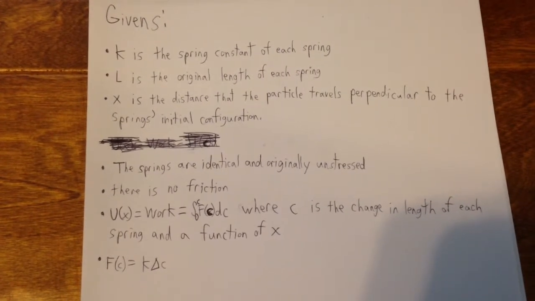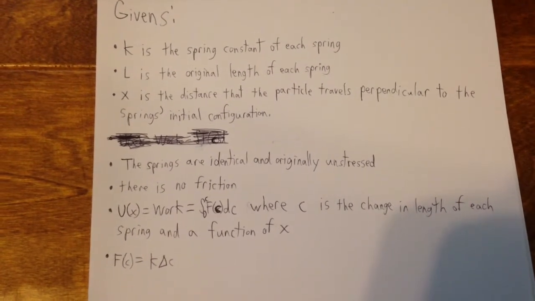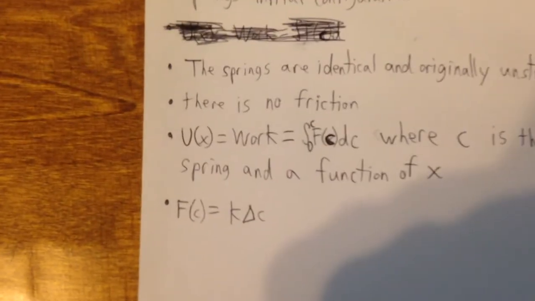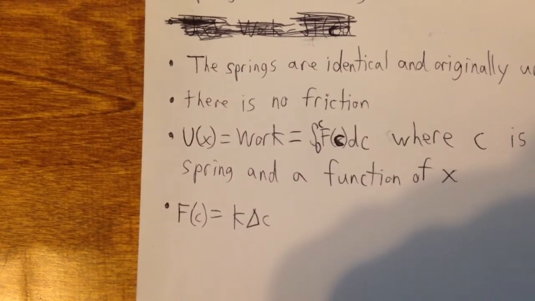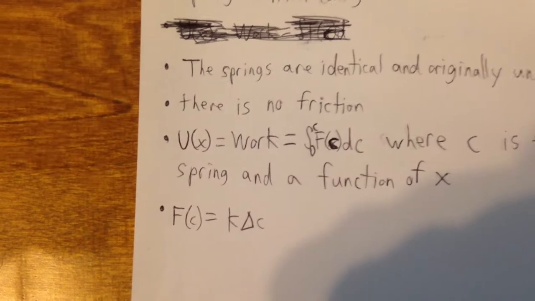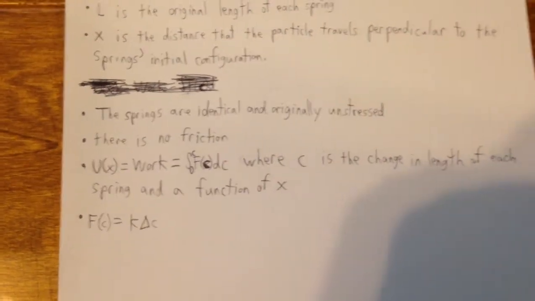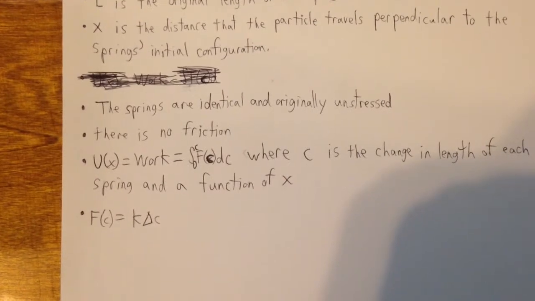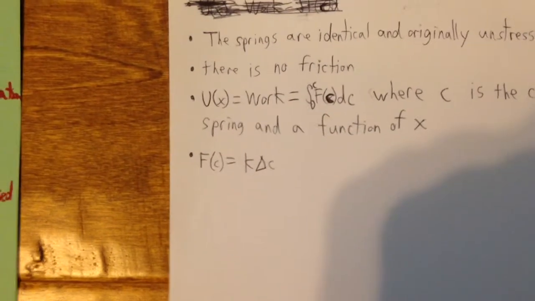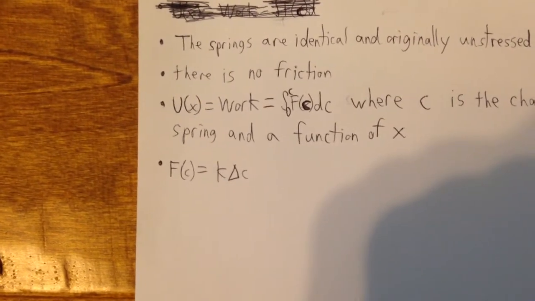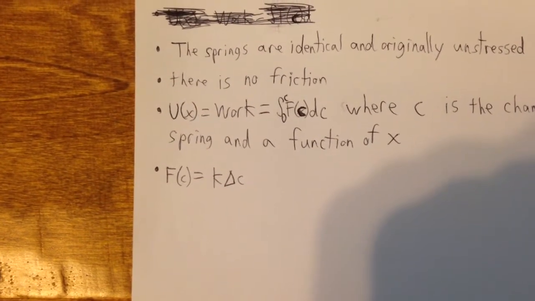There is no friction. We know that U of x, the potential energy, is equal to work, which is equal to the integral of force, F of c, where c is the change in length of each spring and a function of x. We also know that for a spring, the force exerted on the spring is equal to K, the spring constant, times the change in length of the spring.